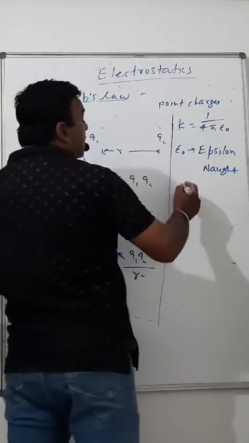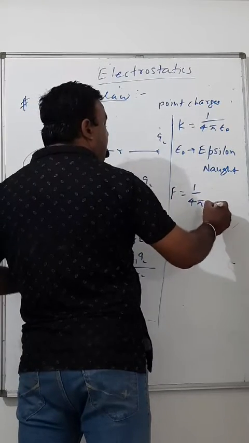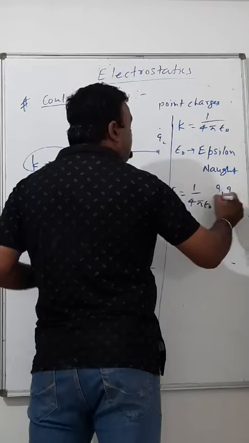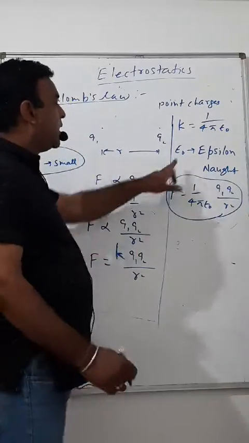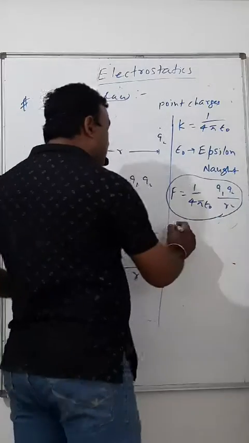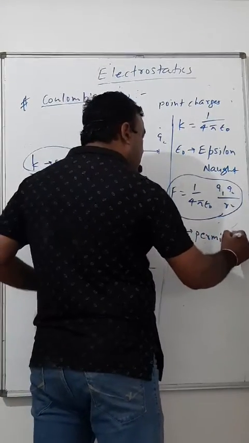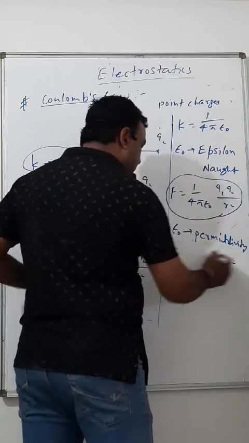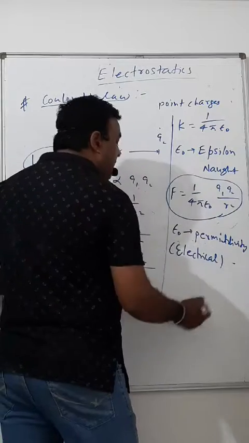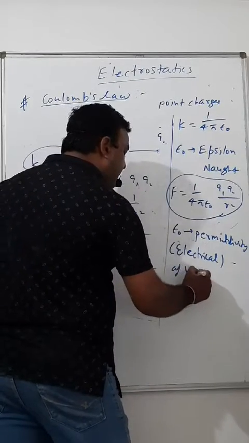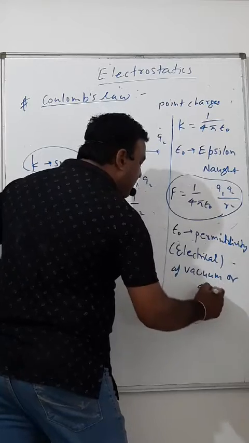Now, we can write F equals 1 upon 4 pi epsilon naught q1 q2 by r square. Epsilon naught is what? Permittivity, or say electrical permittivity of vacuum, or sometimes it is taken of air.